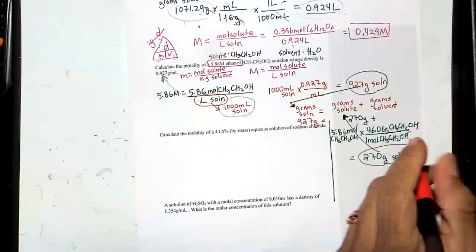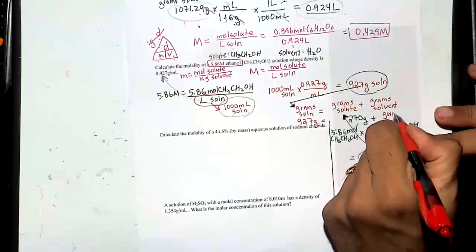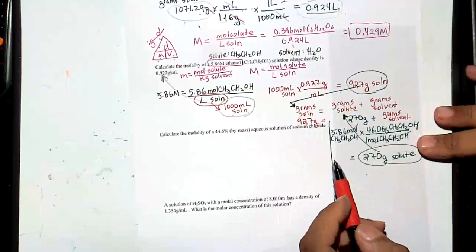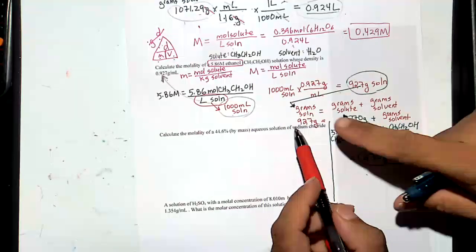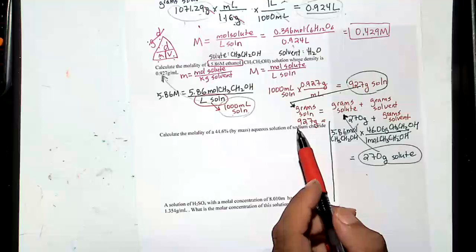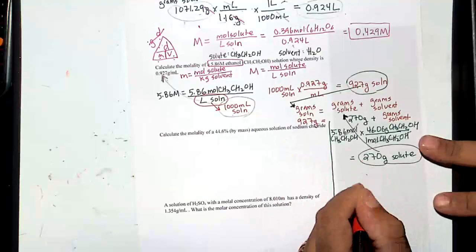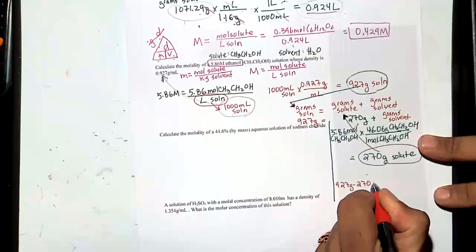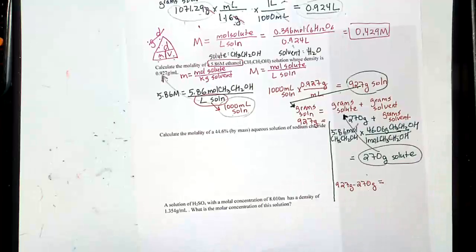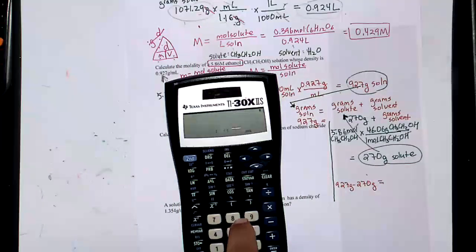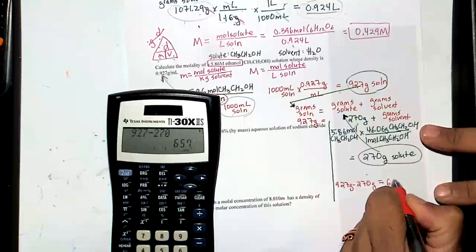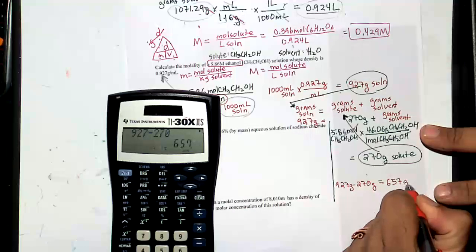And then we need to get our grams of solvent. We'll take 927 minus 270. What is that going to be? 657, which is our grams of solvent.